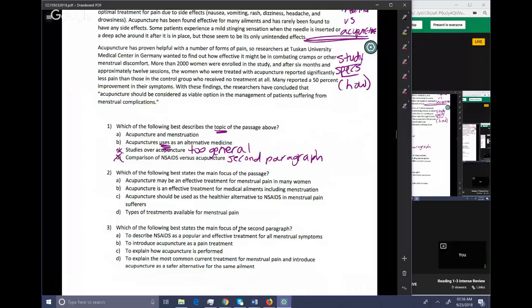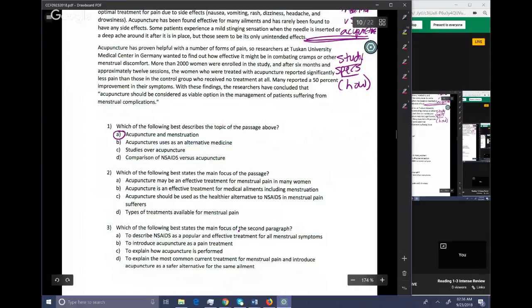This is not all the different uses of acupuncture. This is very specifically focused on one thing. This is a very typical set of answer choices. Something that seems fairly close, but it's too big and we need to focus it more. So that's the difference between A and B in this case. And then something that's too small, like D, where it's zoned into just a part of it.